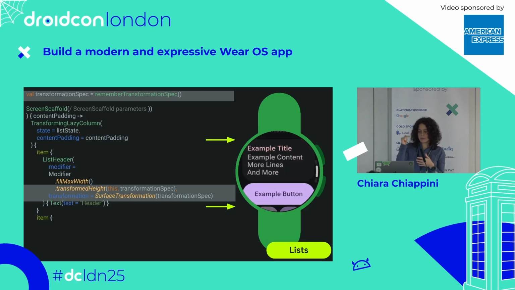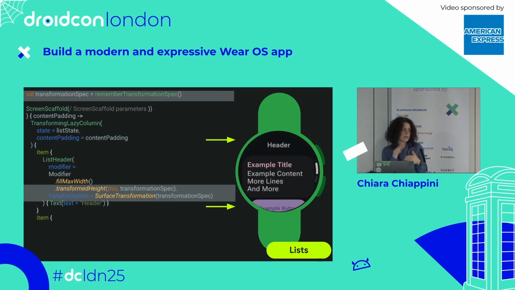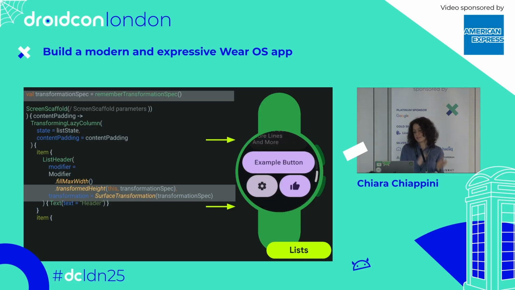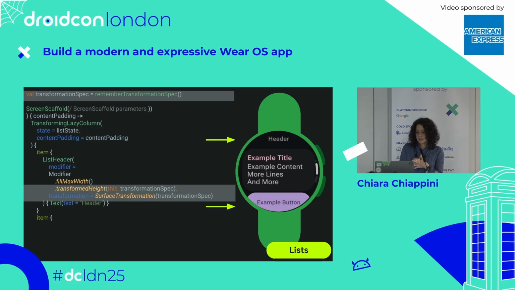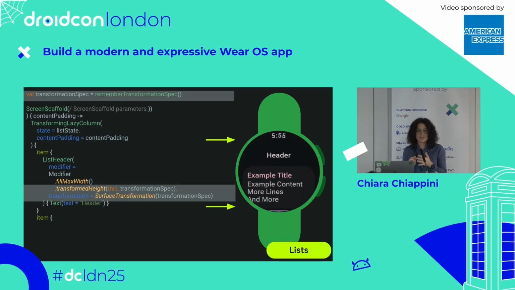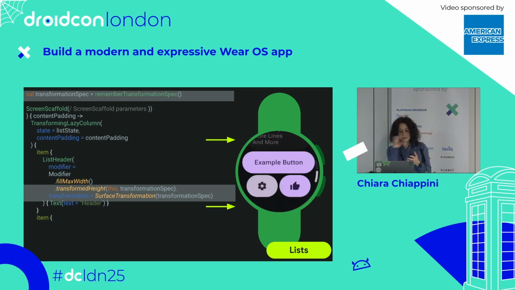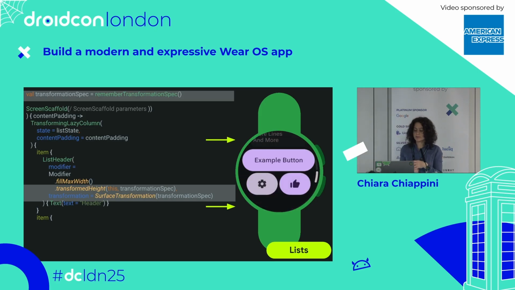Then for each item of the list, you can use the modifier transform height to calculate the changed height that will be passed into the transforming lazy scope based on the transformation spec. And then lastly, you set the transformation, creating a new surface transformation. And so this will cause the container or the component to dynamically change its content.